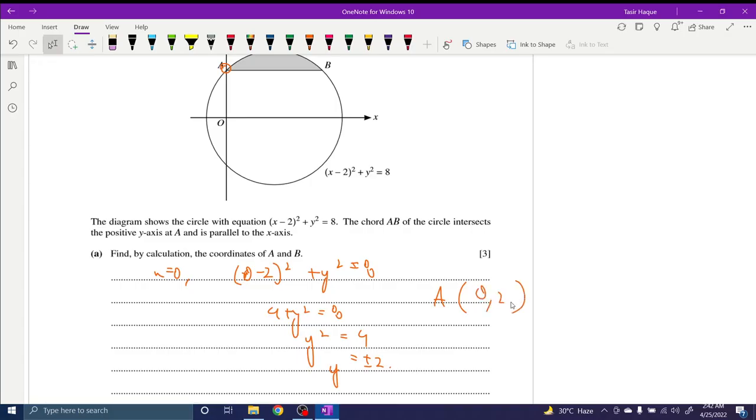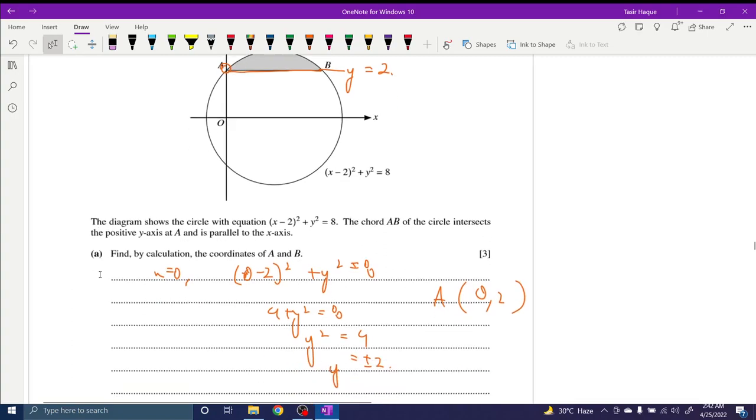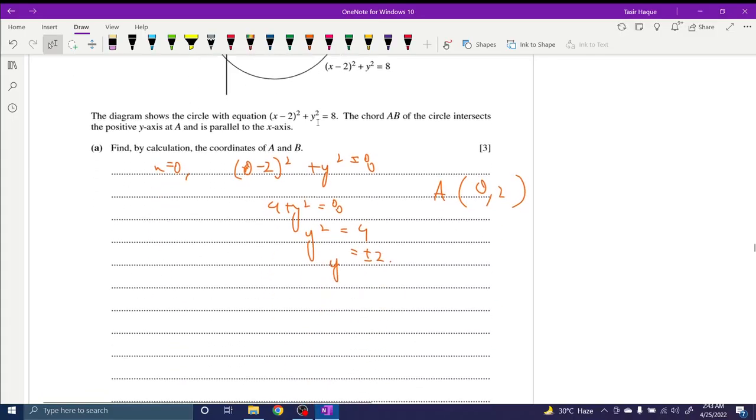What about B though? For B, basically this is a chord. This is a chord and it says that this is parallel to the x-axis. So this is a line with equation y is equal to 2, right? This is y is equal to 2. Now we want this line to intersect our circle.